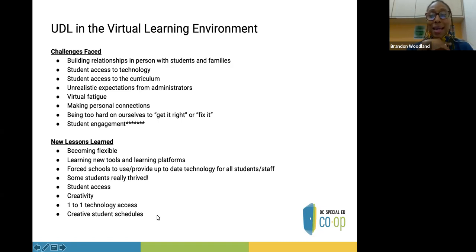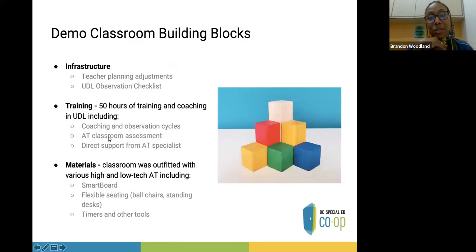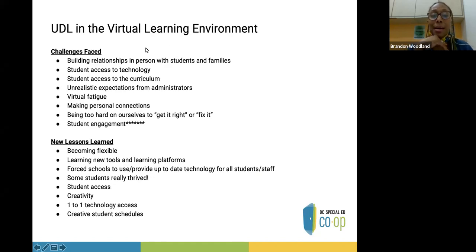So yes, keeping students engaged at their level of engagement, where they could enter into the lesson, how they were able to engage into the lesson, making it multiple ways of engaging students, multiple ways of accessing, multiple ways of demonstrating that they know what they know. That probably was the most thinking out of the box and creativity part that we had to come up with as a team.